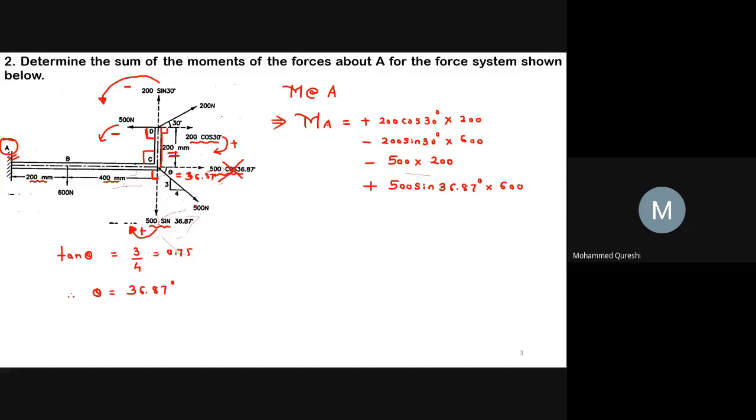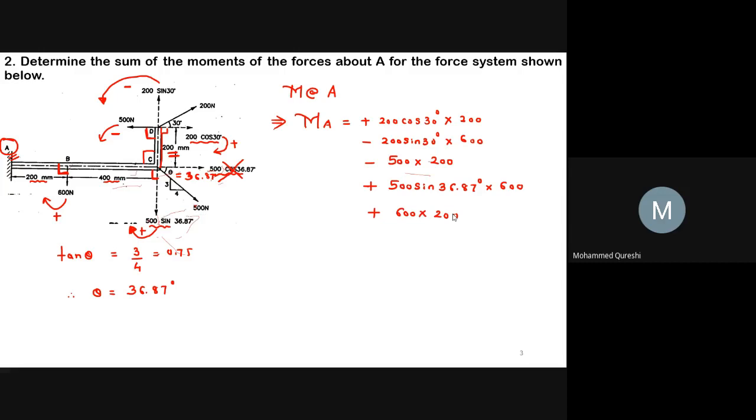Now the last force is our 600 Newton, and 600 Newton moves towards A in clockwise direction, hence it will be positive. So I will write here plus 600 into the perpendicular distance 200 with respect to A. So I will write here 600 into 200. So these are all the forces that are given in the example.